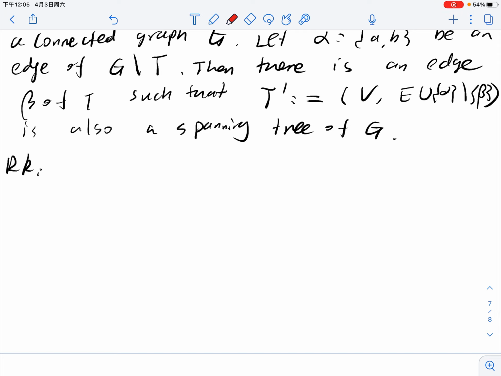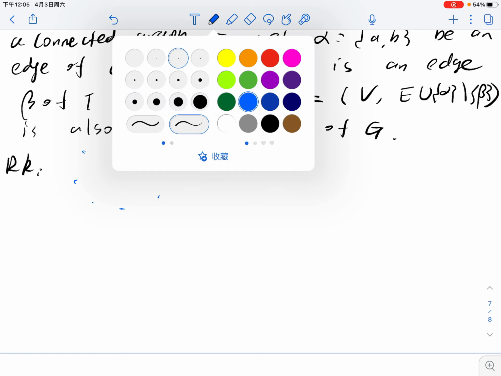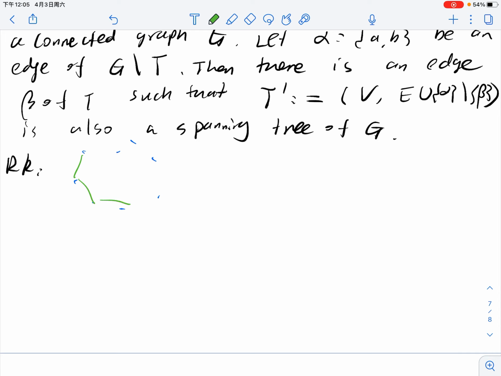First, let's give some illustration of this theorem. This theorem says if you have a tree and you have a new edge outside of this tree, and you want to add this in, kick this in, then you need to kick something out.